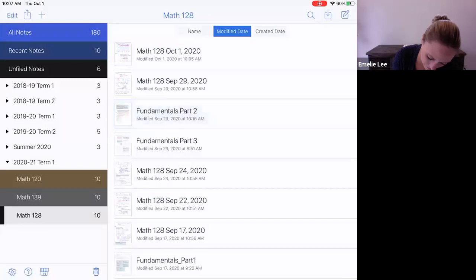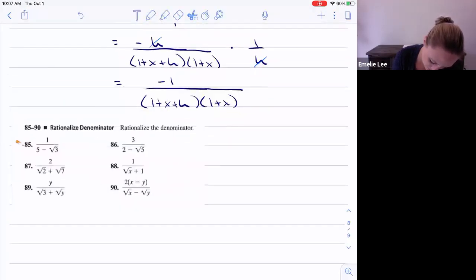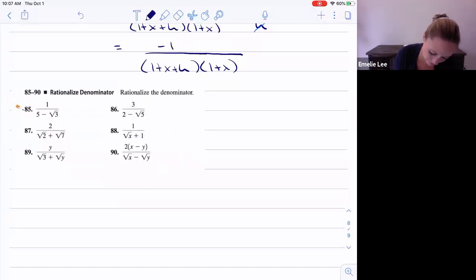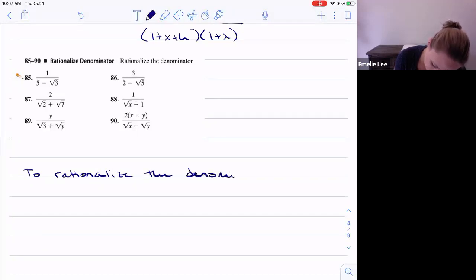So, to rationalize the denominator, same thing goes for the numerator.